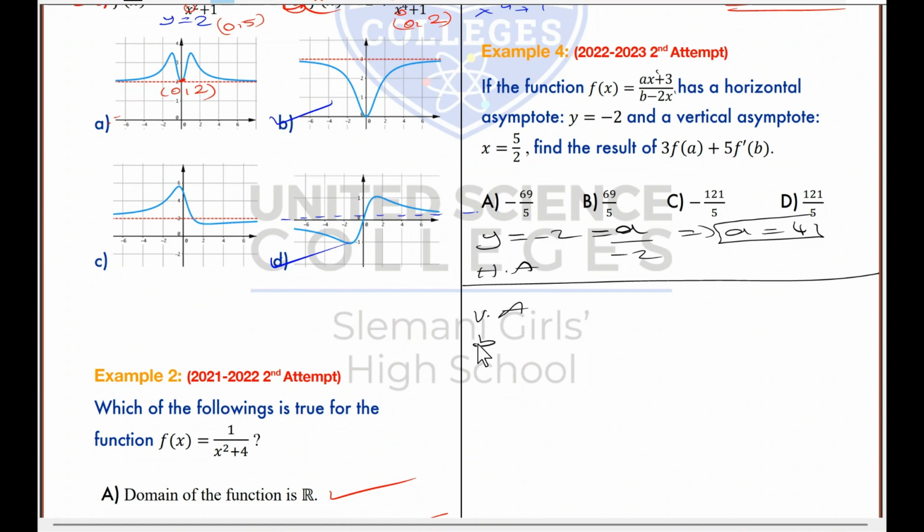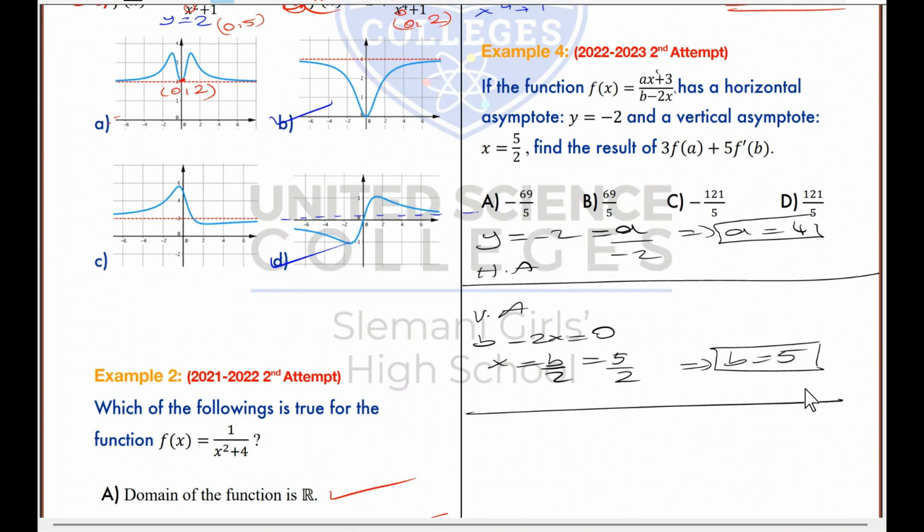So we equate the bottom, b minus 2x, to 0, isolate x, x is b over 2. So this is our vertical asymptote, which is given in the question as 5 over 2. So b will be 5.